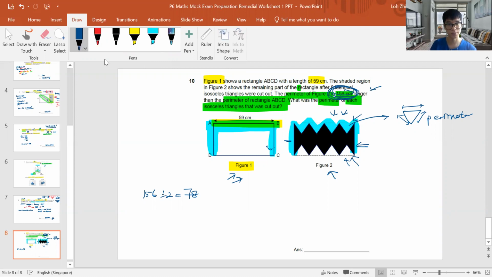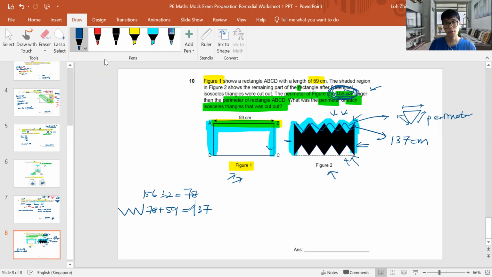I will use the same thing, 78 plus the width 59, which means I will know the zigzag part. So 78 plus 59 is equal to 137. Now I know that this part is equivalent to 137 cm.